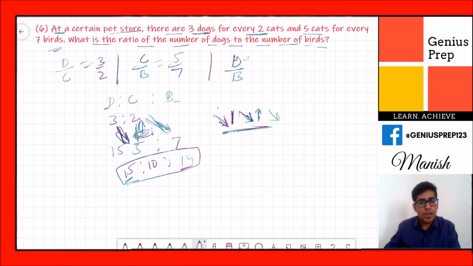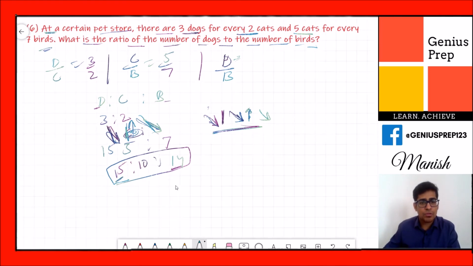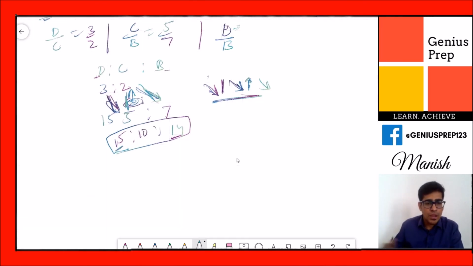Now another way of solving the same kind of question is, we have D to C and B. D to C is 3:2, and then it is 5:7. Whenever you have this, always multiply.